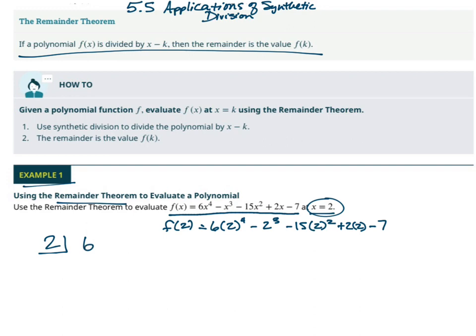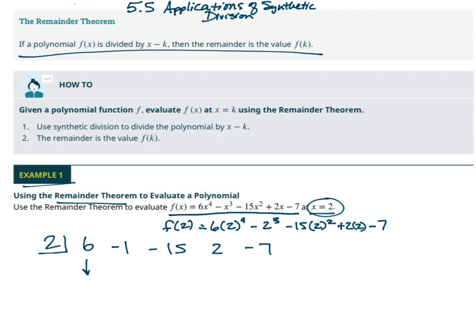Coefficients here, 6, -1, -15, 2, and -7. Does everybody have an accounted for term? Everybody has a place here. No zeros. Okay.